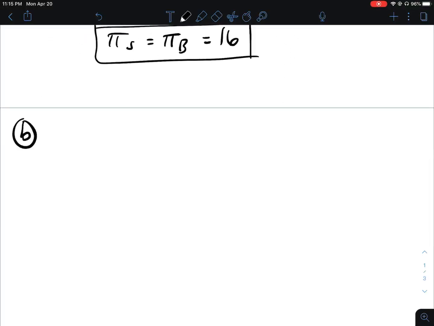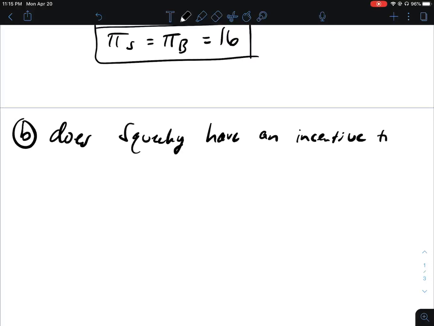So for the next part, it asks, does Squeaky Clean have an incentive to cheat by producing more units of output? So let's assume that they produce one more unit of output.